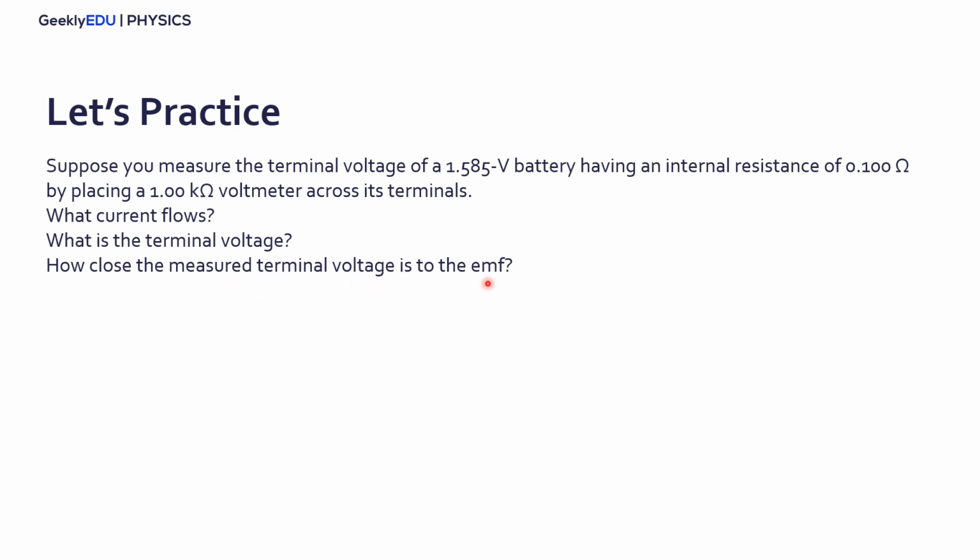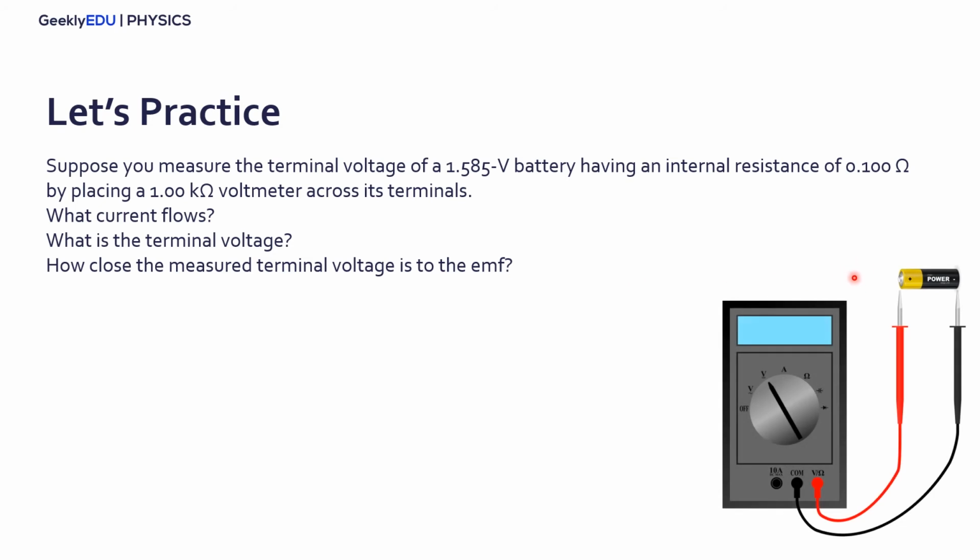It looks something like this. We have a battery, and we're measuring the voltage with a multimeter or a voltmeter that has a resistance of 1 kilo ohms.